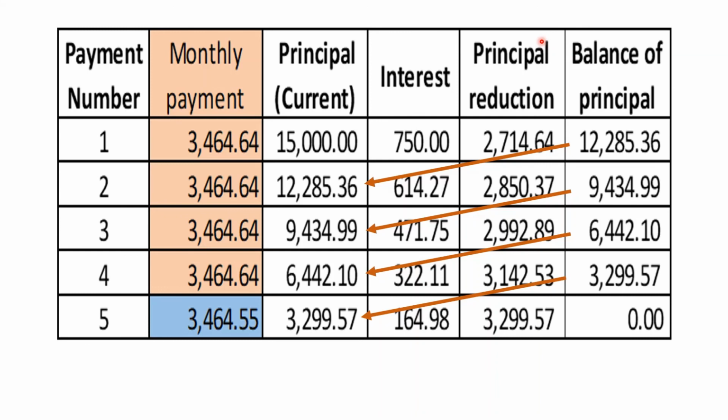This is because the rounding to the nearest centavo after each step loses some precision in the answer. So to account for that, the payment amount and the principal paid columns are adjusted to the appropriate amount to make the final balance, or the remaining principal, zero. Okay?